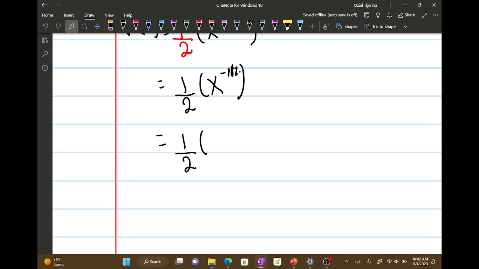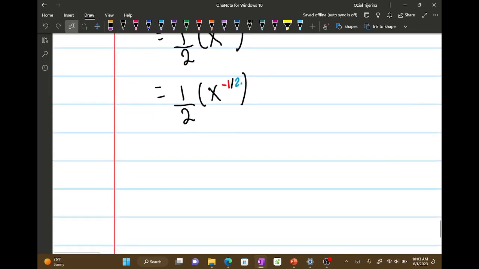to the negative 1 over 2. So again, if you want to rewrite it with positive square roots, in square root radical form, it's really 1/2 times the square root of x raised to the negative 1.